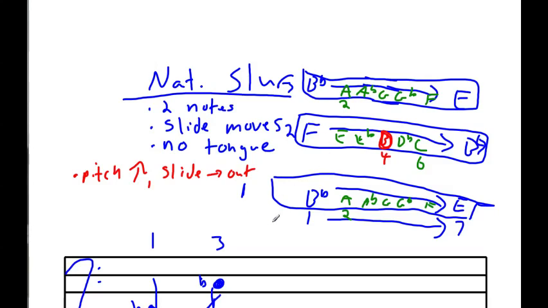So for example, like this, B flat to E flat. The slide is moving from first to third, it's moving away from the body, and the pitch is ascending. So that works all the time. If the slide's going out, the pitch is going up, it always can be a natural slur.